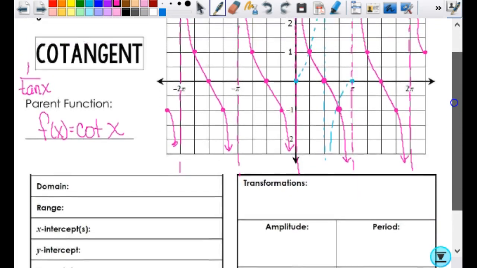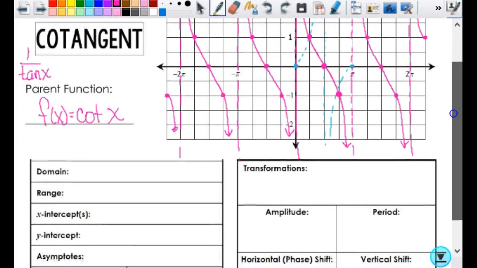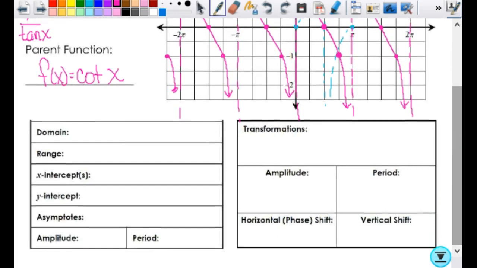Okay, so let's look at our domain. Our domain is all real numbers except it can't be 0 or pi or 2 pi, so it's every pi. So all real numbers such that x cannot equal n times pi, where n is an element of the integers.